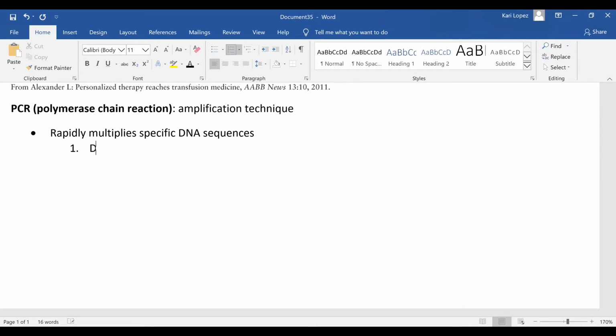So the first step is the DNA is denatured. And now it can be denatured in a few different ways.